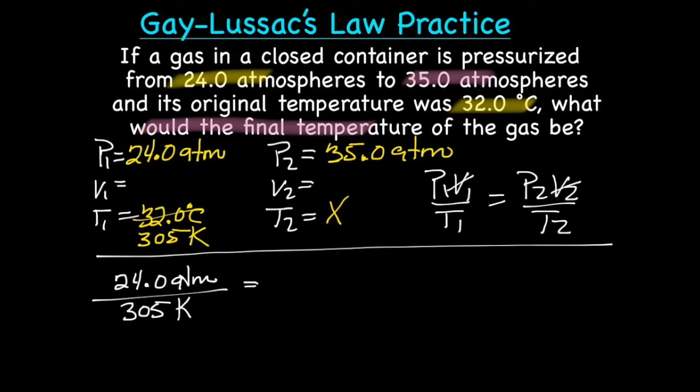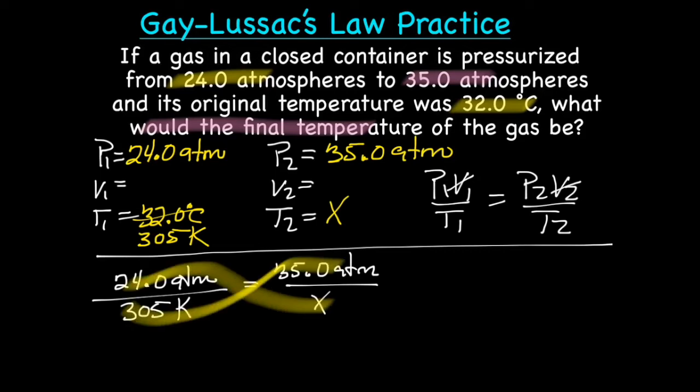And our P2 is 35 atm, and our T2 is X. Cross multiply. That gives us 24.0 atm times X equals 305 K times 35.0 atm.